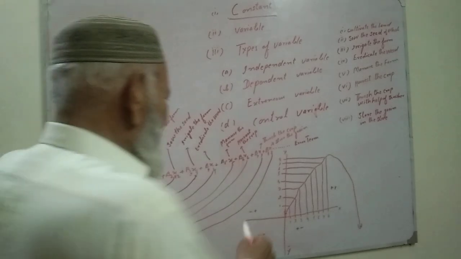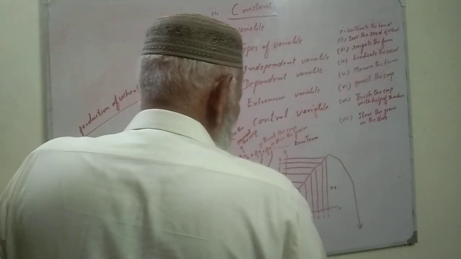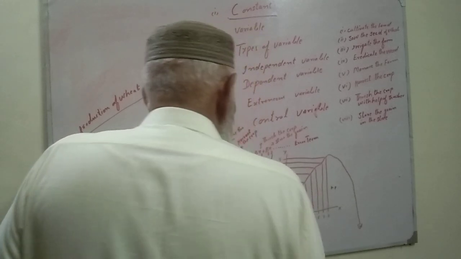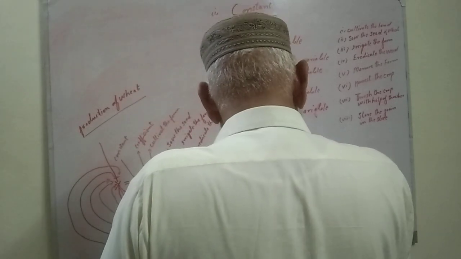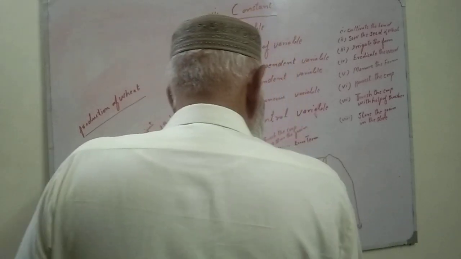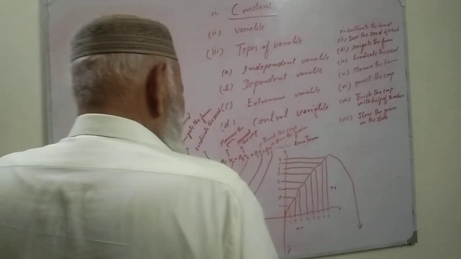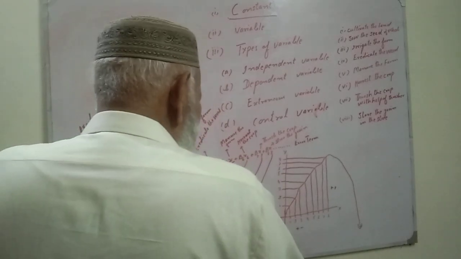You also have knowledge about coordinates, y and x. Where x is minus, y is plus, and where x is plus, y is minus, and similarly where both are minus.